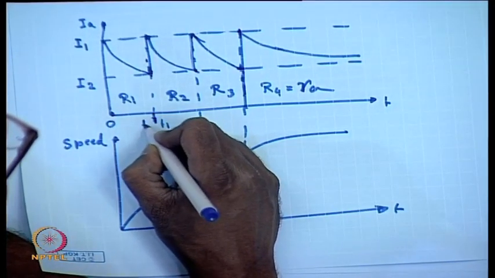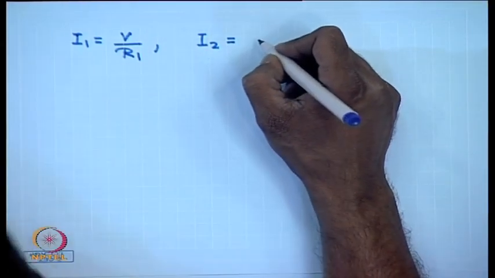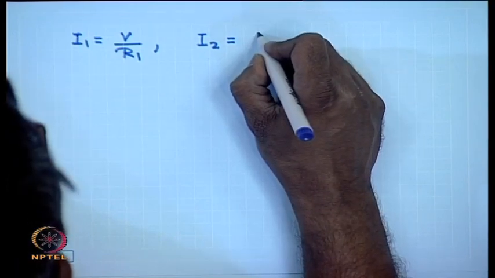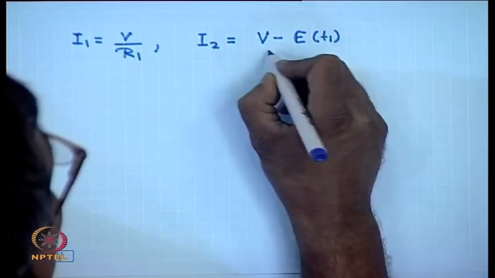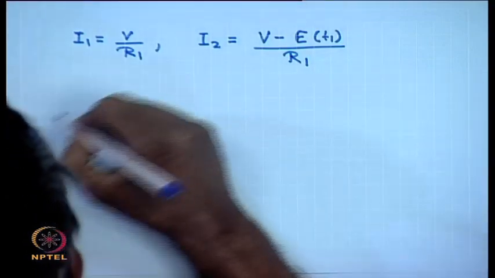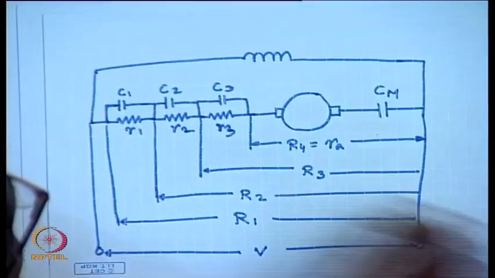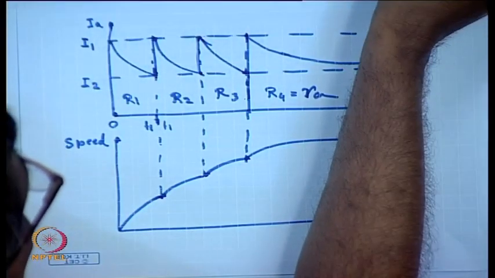At time t1, the current drops to value of I2. So, I2 equal to V minus E at t1 divided by R1, but at the same time we are shorting the contactor C1 and the total resistance is becoming R2.